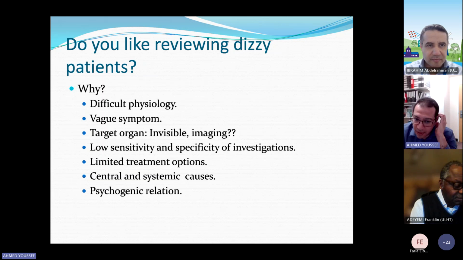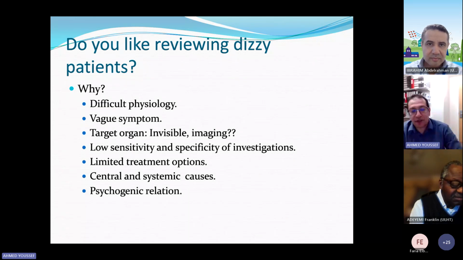The physiology of balance is a lot more complicated compared to, for example, hearing. Also, patients can come with a lot of vague symptoms, and you can't see the target organ. When you see somebody with earache, you can easily examine the eardrum and see if there is otitis media or not, but you can't really examine the labyrinth directly.